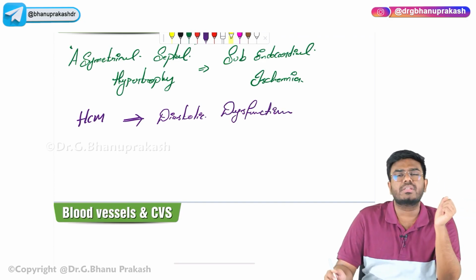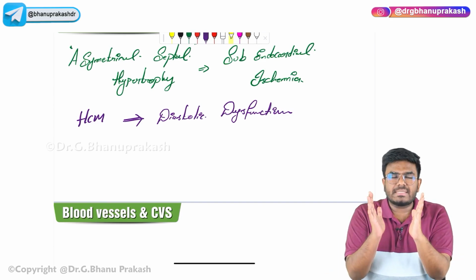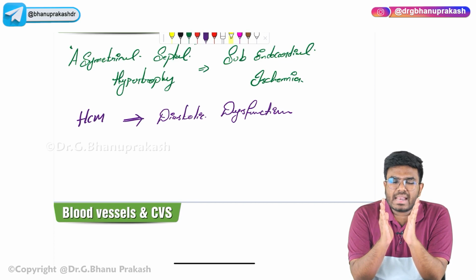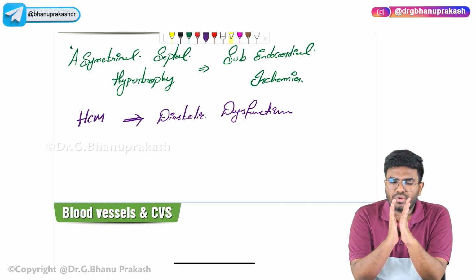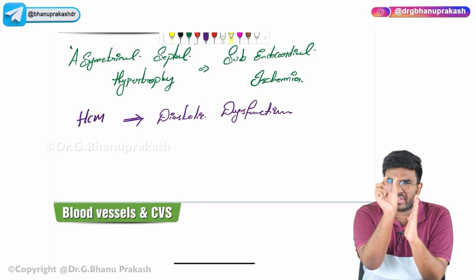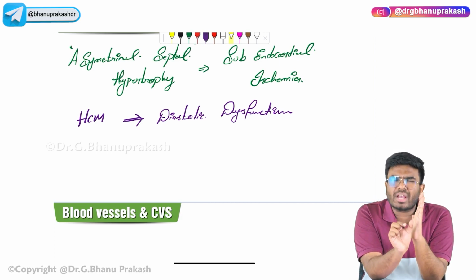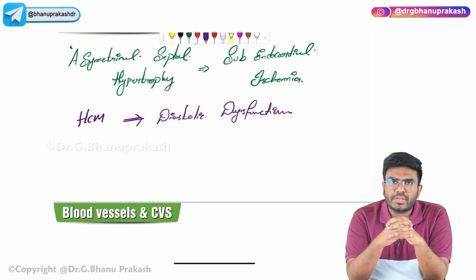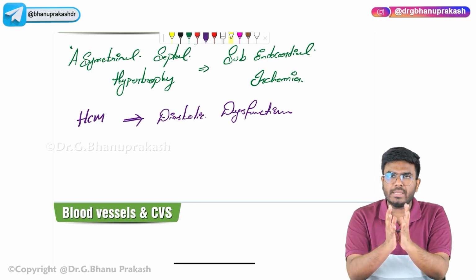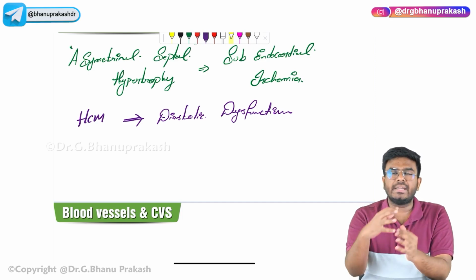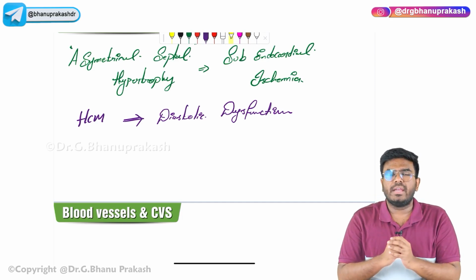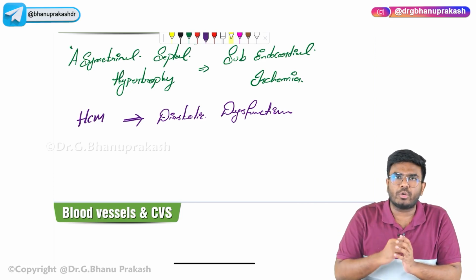Why diastolic dysfunction? Because of this asymmetrical septal hypertrophy, because of this thickening of the muscles, the left ventricular cavity size is going to be greatly compromised. The left ventricular cavity is like a banana shape, a very thin, very small cavity. Whenever there is a small cavity, do you think proper filling will happen during diastole? During diastole, normally the ventricle should relax and fill with blood. It should get its end-diastolic volume, its preload.